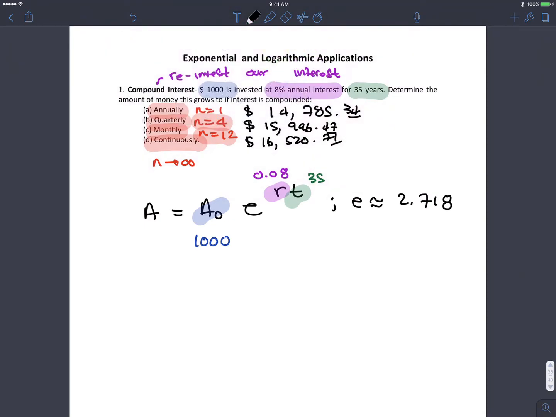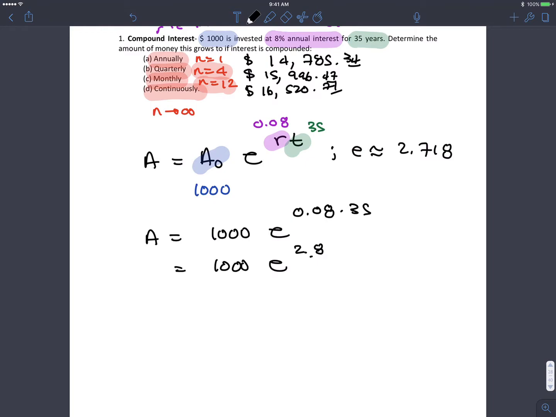So we're going to replace this with 35. See what we get. The amount is 1,000 e to the 0.08 times 35. And if I do a simple multiplication of 0.08 times 35, 80% of 35 turns out to be 2.8. So I'm going to punch this in my calculator.